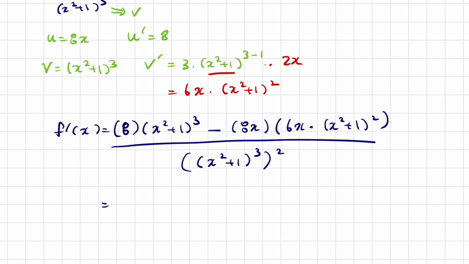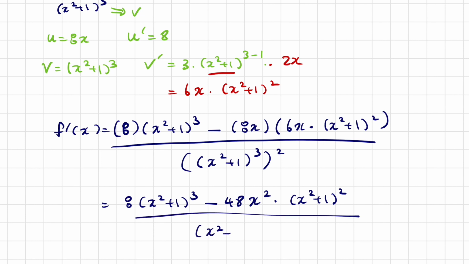Then the numerator part is the same as 8 times (x squared plus 1) to the power of 3 minus 48x squared times (x squared plus 1) to the power of 2, over (x squared plus 1) to the power of 6.